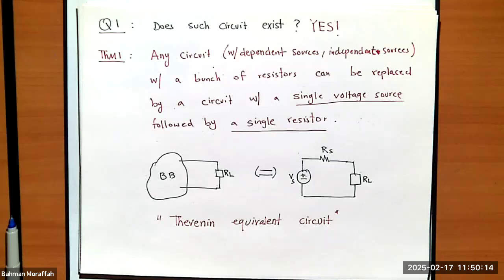And if my boss comes back to me and asks me to change RL, I can simply do it without redoing this circuit, because the external behavior of this black box, whatever is happening outside this black box across that RL, is exactly the same as the external behavior of this little circuit, which is the voltage source followed by a resistor.